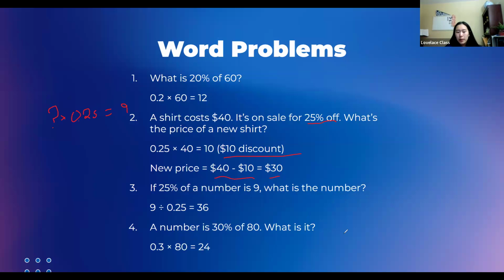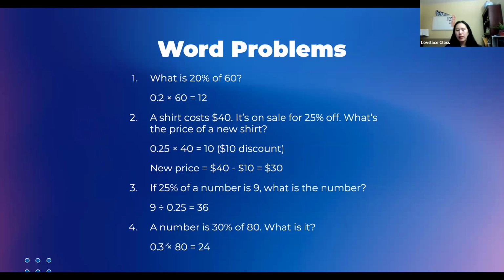So if you want to find the number, then you can do 9 divided by 0.25, right? If we divide both sides by 0.25, then this side just equals 1. So then you can do 9 divided by 0.25, and you could put that into your calculator, and that just equals 36.